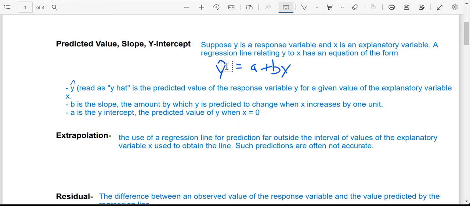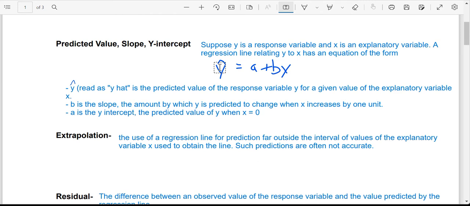And with our predicted value, as I said, keep in mind A and B sometimes can get changed. In the case of the formula that's in your book, we put B with X. Be careful when you're looking at your calculator. But anyways, the value in front of X plus A is equal to what they call Y hat, not A hat.